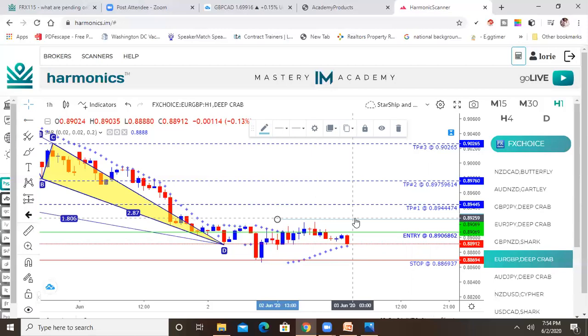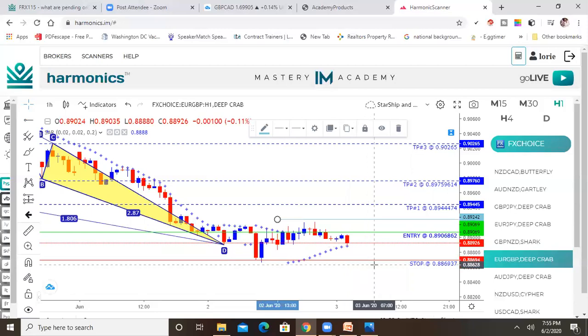Once it reaches that, here's my take profit 1. I'm happy. I made my 20 pips off of Euro GBP. My stop loss, if I'm getting in up here at 89.24, I'll probably come in at 88.80, somewhere around there. You've got to move it up a little bit according to your time. So if you use the same stop loss, cool.